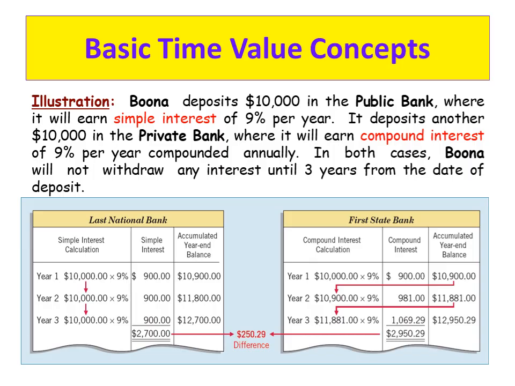It becomes 11,881 times 9% times 1 year. The interest becomes 1,069.29. Then we add it over our previous principal, 11,881.